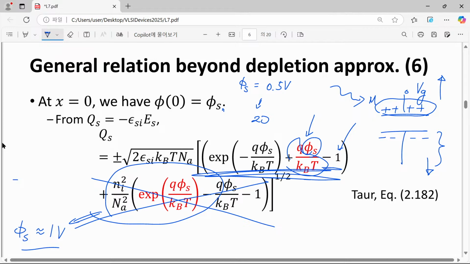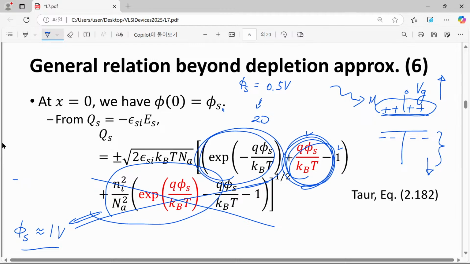So compared with this -1, well, 20 and 1, should we consider this or not? I think this is still quite non-negligible. But anyway, when we compare these 2 numbers, the more dominant one will be this one. And how about this one? We don't have to consider this first term because it has a negative sign in its exponent, in its argument.